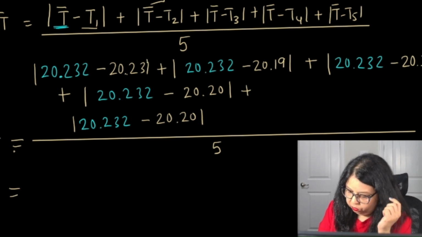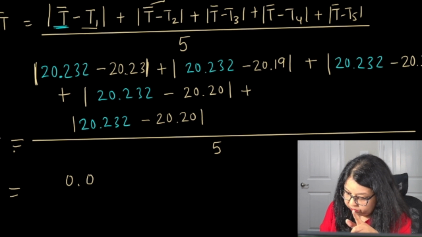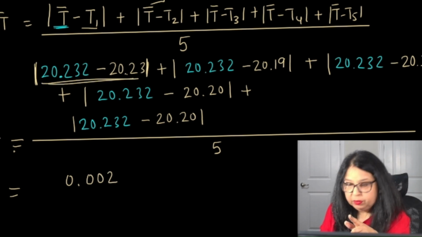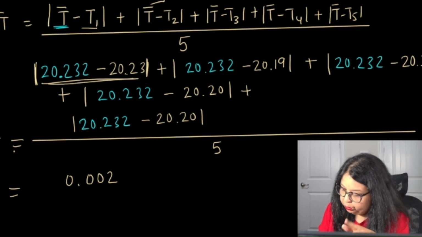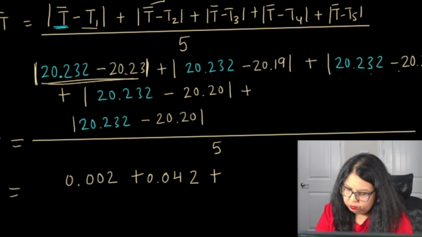Okay. So first one is 20.232 minus 20.23. What does it give you? 0.002. So that was this one here. And then I have 20.232 minus 20.19. What does this give us? Third one.